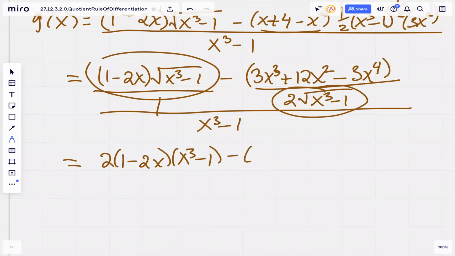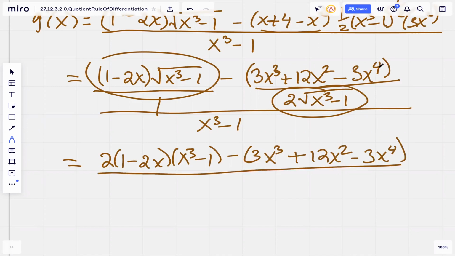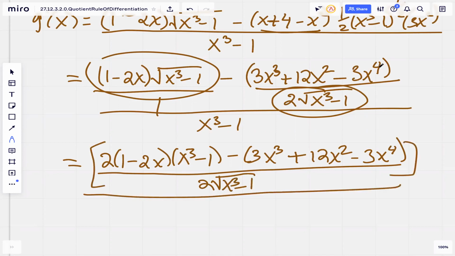It's a mouthful. Minus, in brackets, 3x cubed plus 12x squared minus 3x to the power 4, all over 2 times the square root of x cubed minus 1. And all of this is just the numerator, over x cubed minus 1.